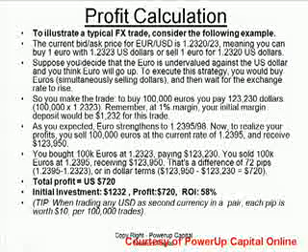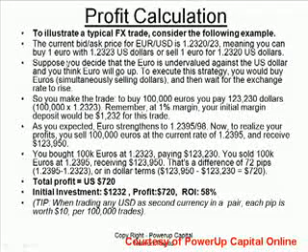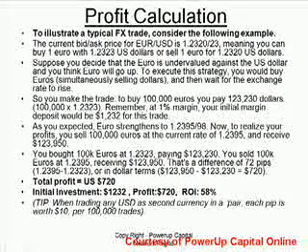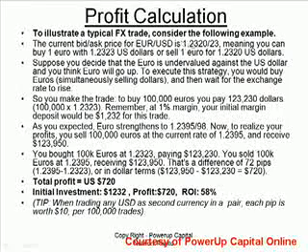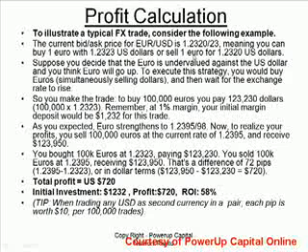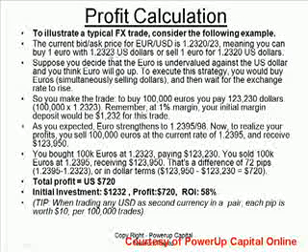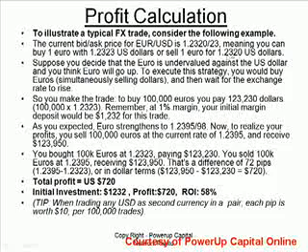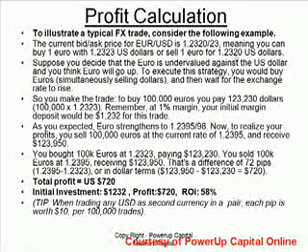It simply means that when you have to buy 1 euro, you will have to pay 1.2323 US dollar. But if you sell 1 euro, you will receive 1.2320 US dollar. So remember this: when you buy, you always pay the higher price. When you sell, you always receive the lower price.